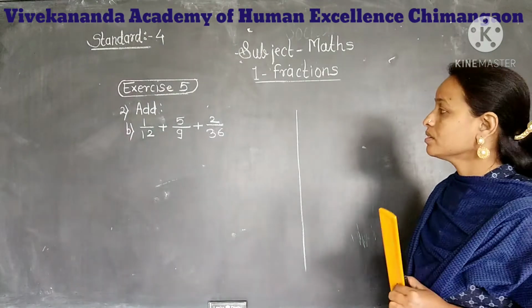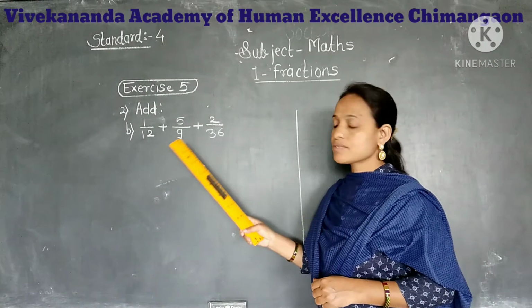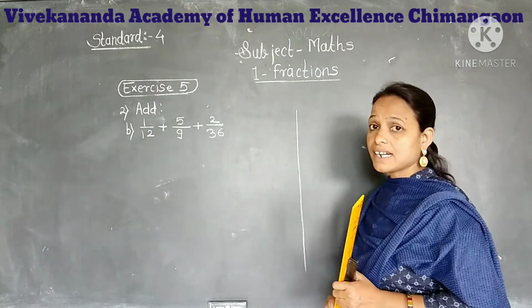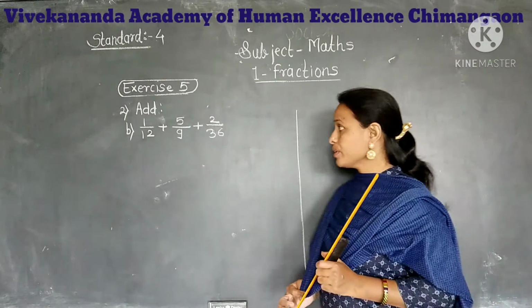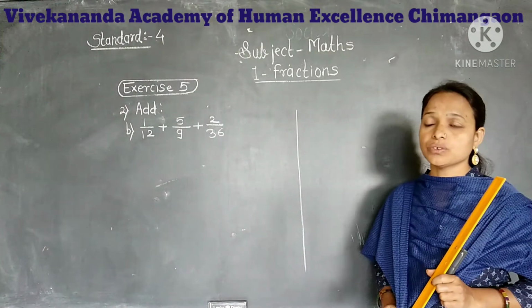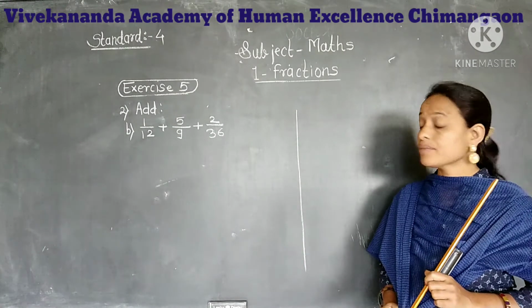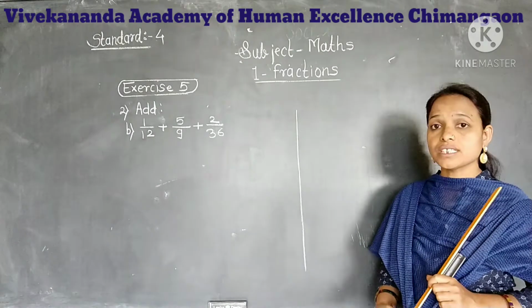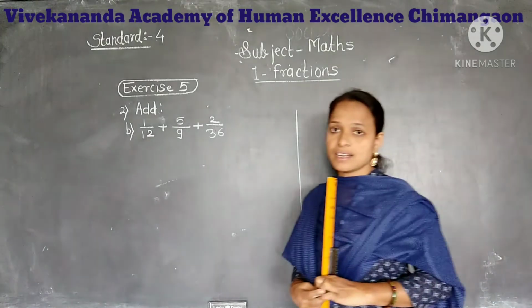Next example, 1 upon 12 plus 5 upon 9 plus 4 upon 36. Now these are unlike fractions. So first we have to convert them into like fractions. So by finding its LCM, we convert these unlike fractions into like fractions.